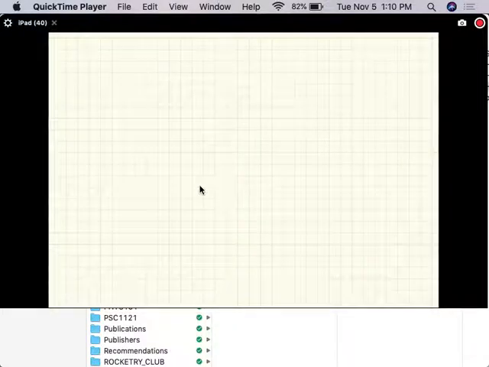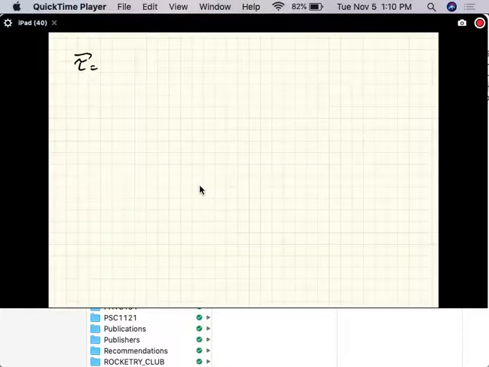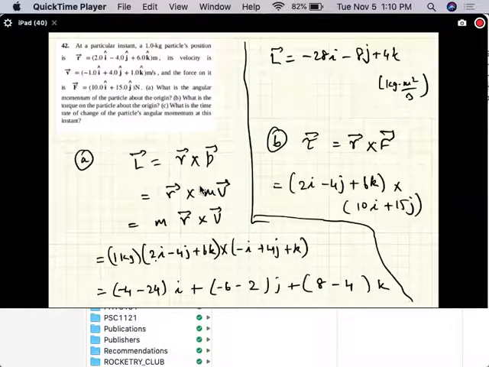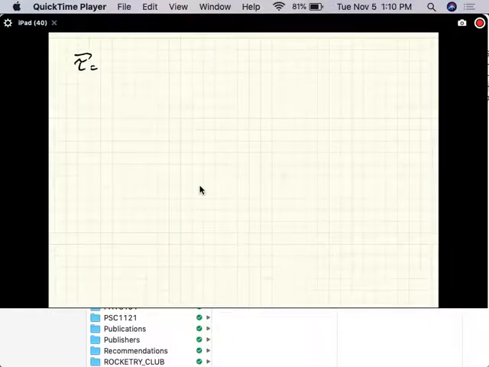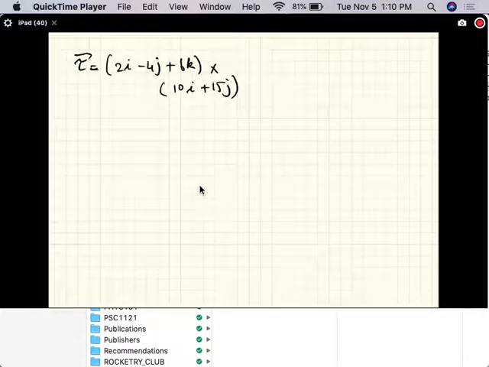All right, so torque is, again, I'm going to just rewrite this. Rather than using the determinant, I'm using this approach.